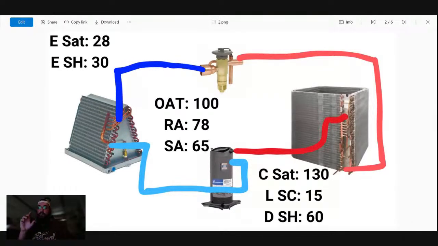So in this particular case, we have a high superheat value, and we want to decrease that superheat. So you went in and let's say you did 2 full revolutions out on the valve, and you sit there.